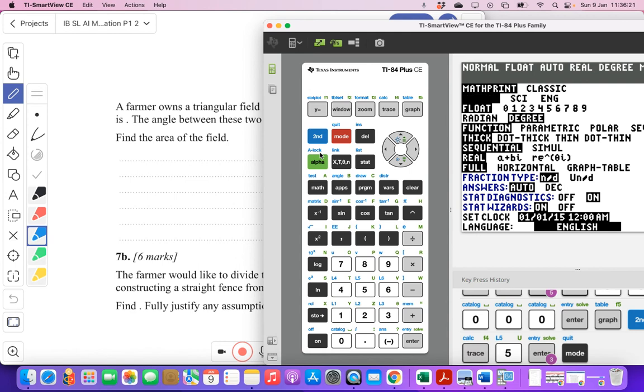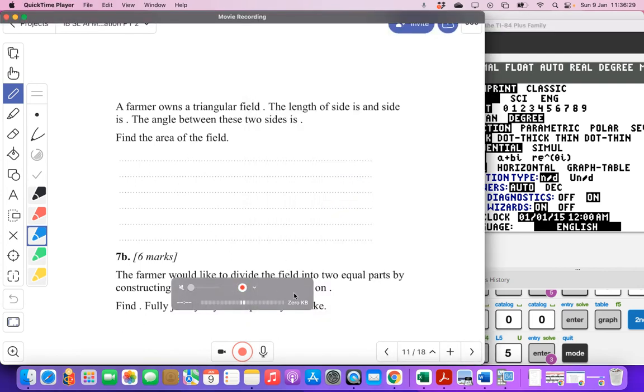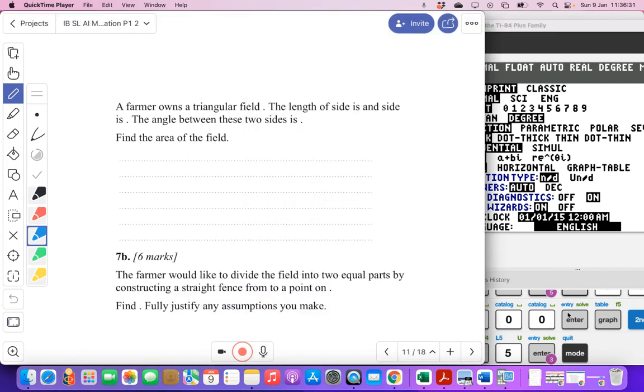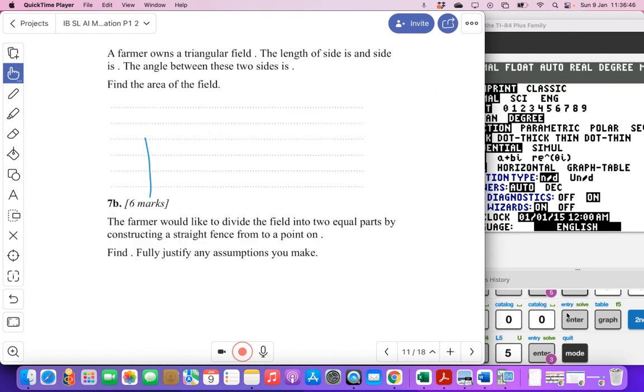The farmer would like to divide the field into 2 equal parts by constructing a straight line from point A to the opposite side. Okay, so again, I'm missing a lot of the question here just because of the way the file came out.